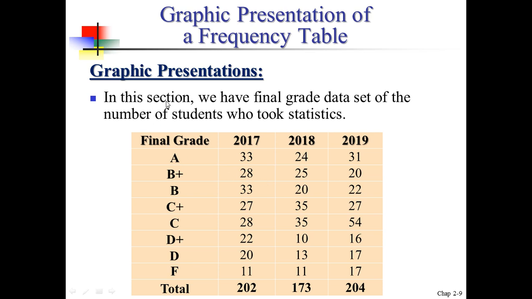In this section we have the final grade data set of the number of students who took statistics from 2017, 2018, and 2019. Because this is the final grade, that means the class already ended. This is the final grade that the students got at the end of the course. This is A, B plus, B, C plus, something like this.